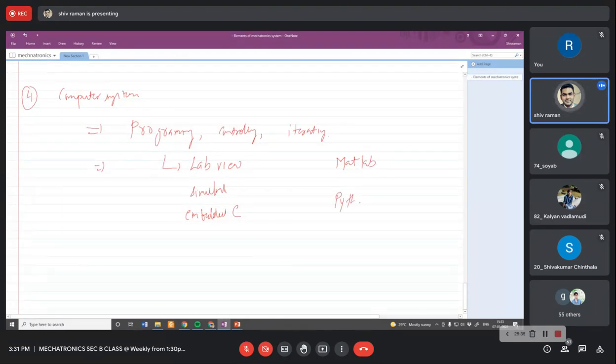People are using Python, being an open source system, because you will generally get good coding results, and the community is very big, so you can get your solution easily in Python. These are the typical computer systems.